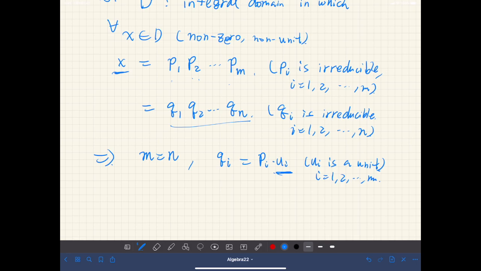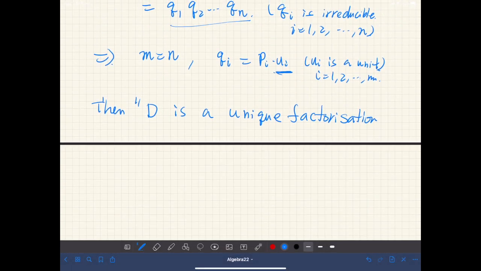If this is the case, then the integral domain D is called a unique factorization domain, or UFD.